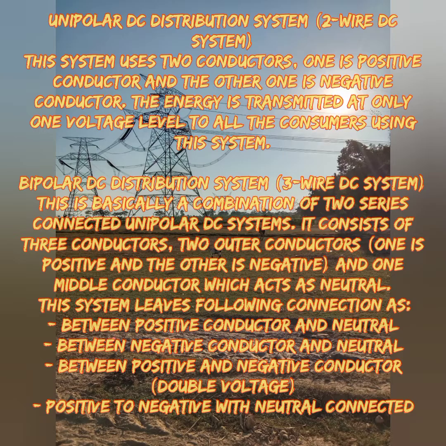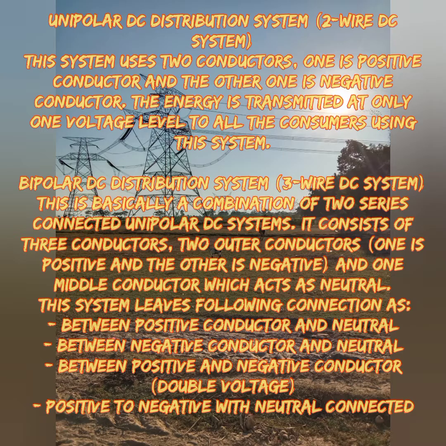Next, bipolar DC distribution system. Here we have a three wire system, basically a combination of two series connected unipolar DC systems. It consists of three conductors: two outer conductors, one positive and another negative, and the middle one acts as a ground or neutral.